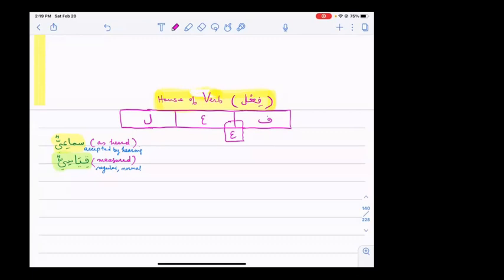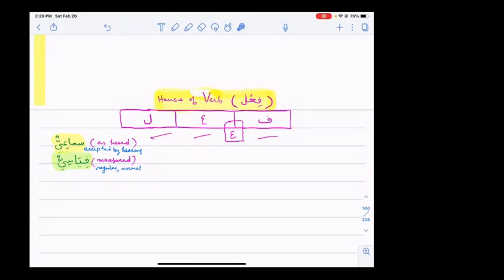That is it. Every other shade will also have fa kalima, ain kalima, lam kalima. They will always have fa kalima, ain kalima, lam kalima. That's the beauty of the Arabic language.